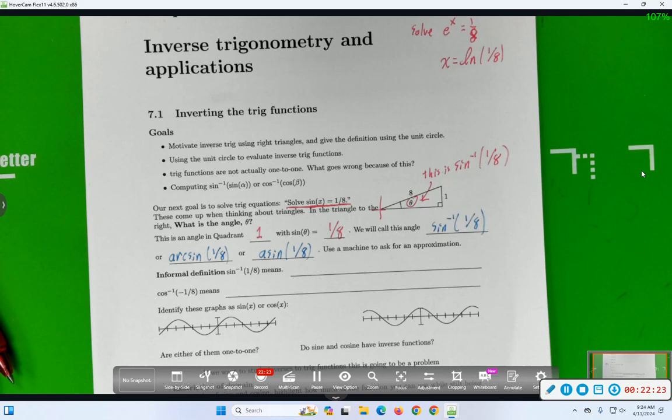Maybe I'll even invite people if they have their calculator on them. Take a look at it. You see something that says arc sine, sine inverse, a sine, somewhere on that front panel.